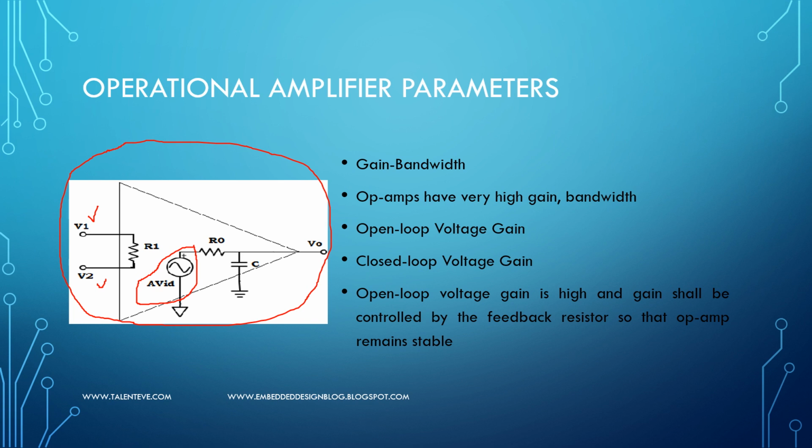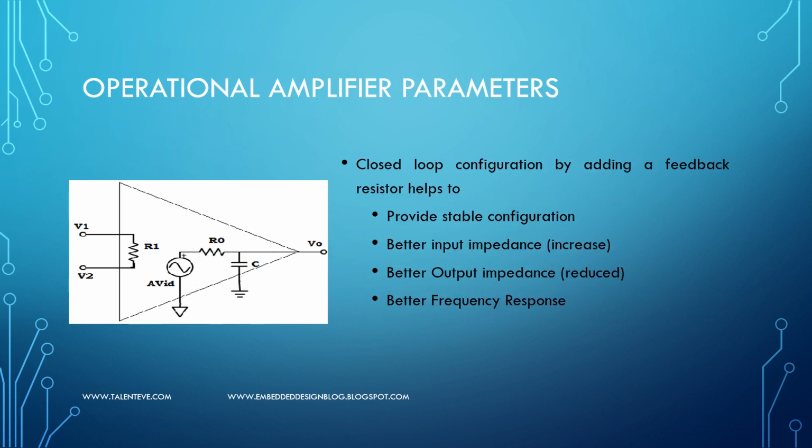So here we have had a glimpse of open loop voltage gain and closed loop voltage gain. Before going to the gain bandwidth product definition, we said in the previous video that the closed loop voltage gain is high, and then we add a resistor in the feedback, that means from output to the input, which is called the feedback resistor, such that we have a stable condition, a limited gain.